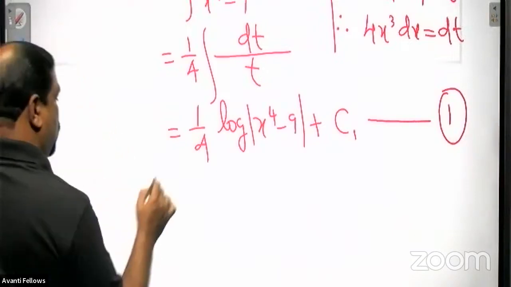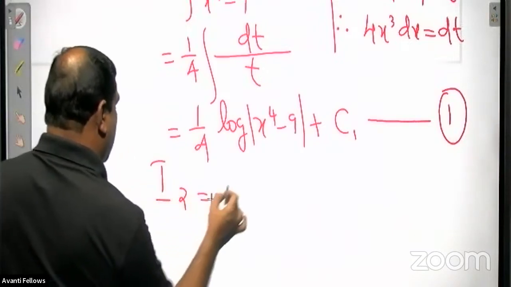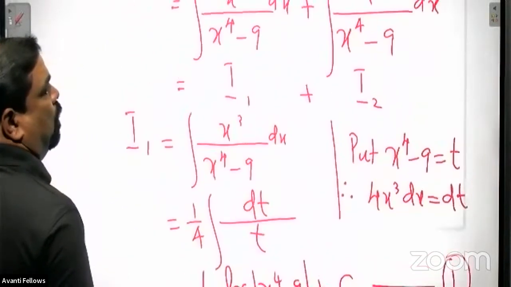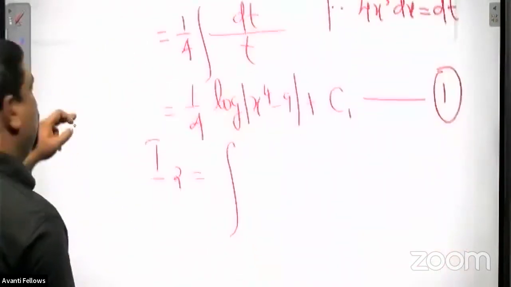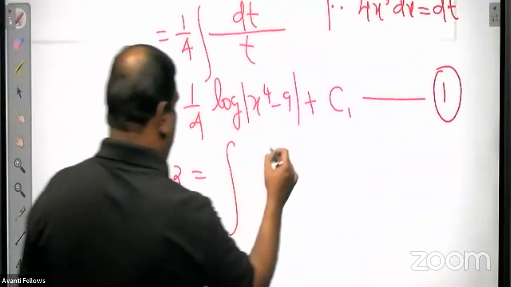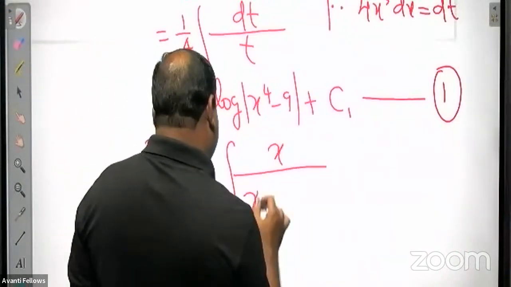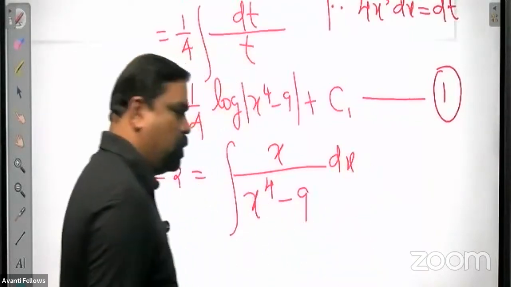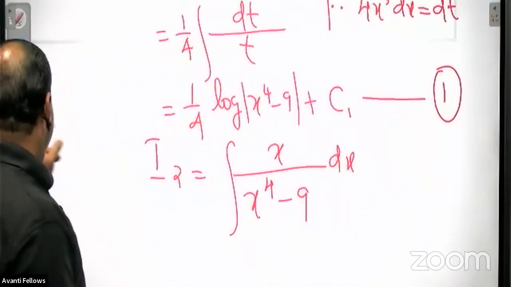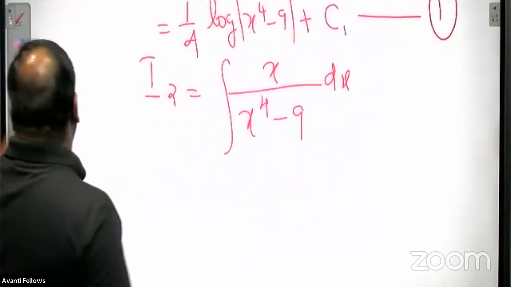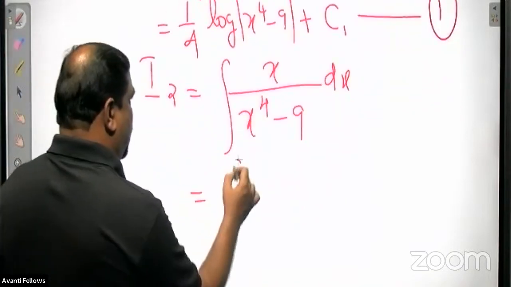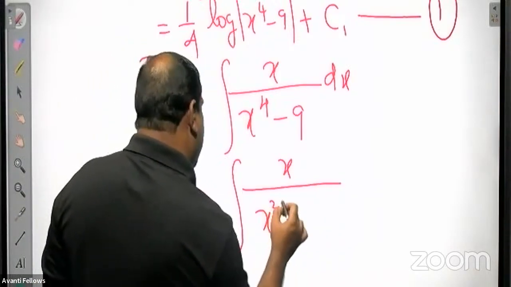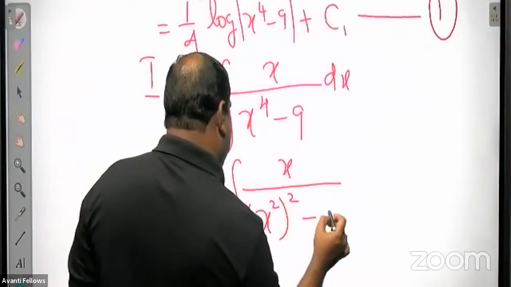What is I2? I2 is equal to the integral of x upon x raised to 4 minus 9 dx. This can be modified as x by x square whole square minus 9.